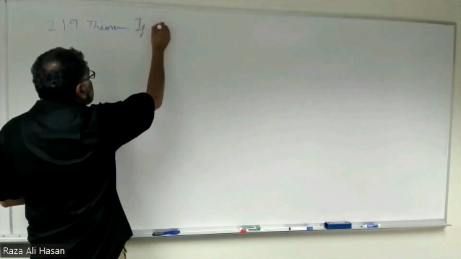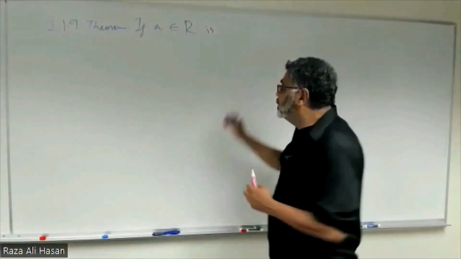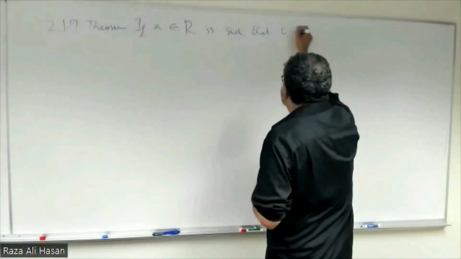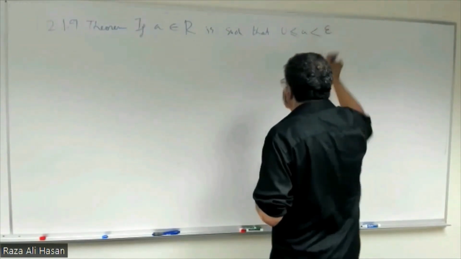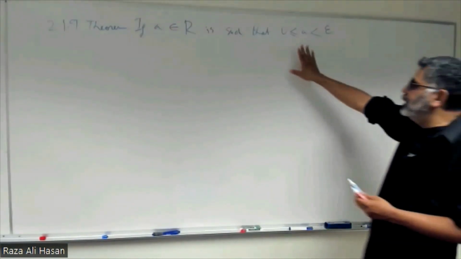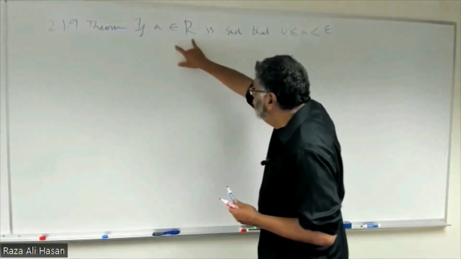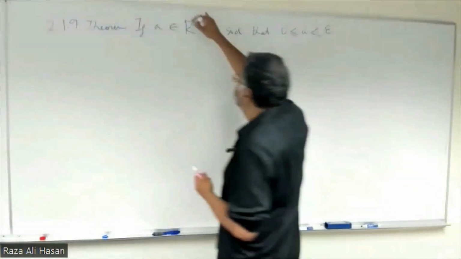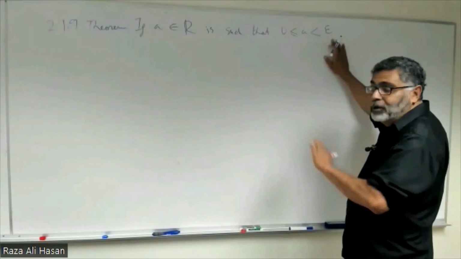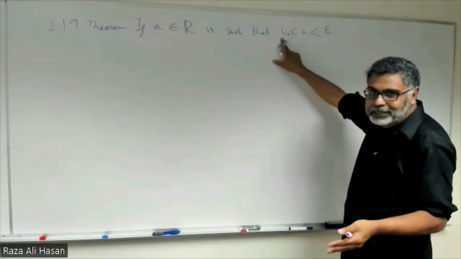If A belongs to the real numbers is such that 0 is less than or equal to A and A is less than epsilon, so these are the two conditions: A belongs to R, the set of real numbers, and A is smaller than the smallest positive real number we can think of, but it's still supposedly bigger than 0.